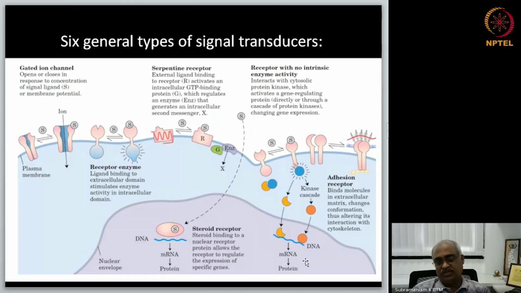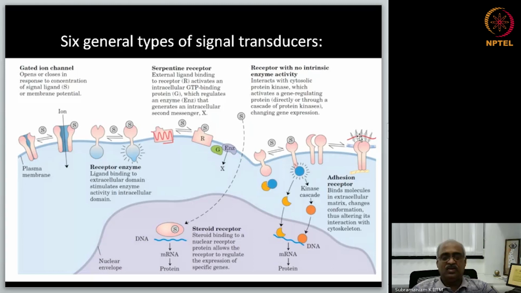And the last one is the adhesion receptor, where the genes are not activated, but the ligand binds to molecules in the extracellular matrix. Remember, we have learned this at great length when we were learning about glycosaminoglycans in the carbohydrate chapter.